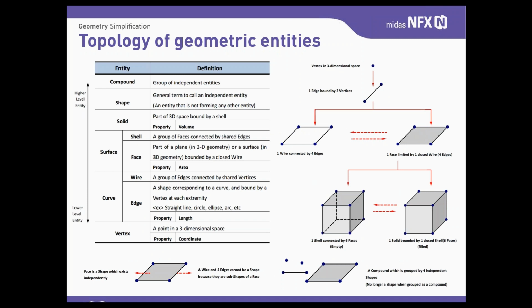Okay, so the next part presents the topology of geometric entities you can find inside midas NFX. If you want to create a solid, you can start even from the point and follow some path. But it would be nice also to know how an exact topological entity is stored inside your modeler, in our case in NFX.